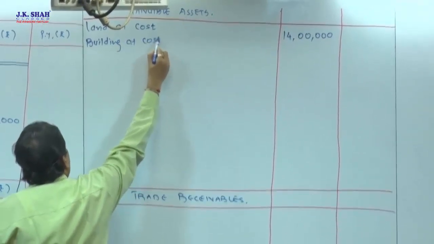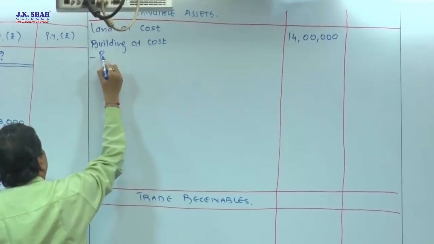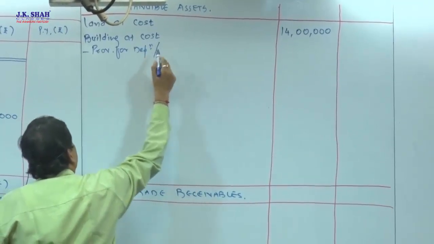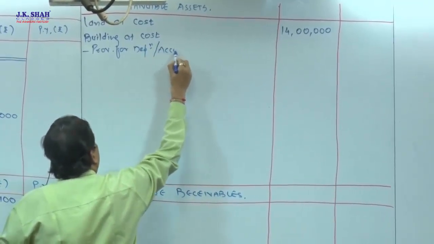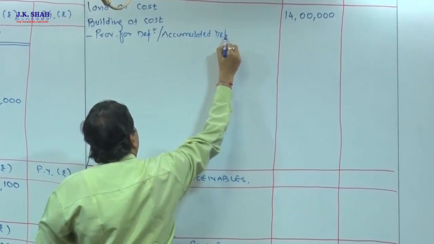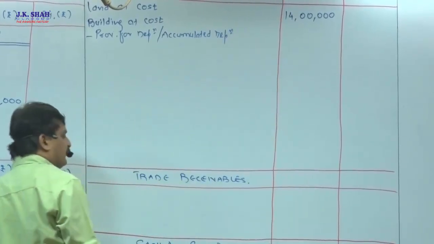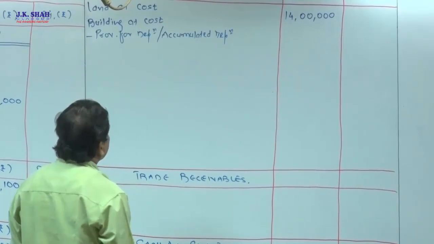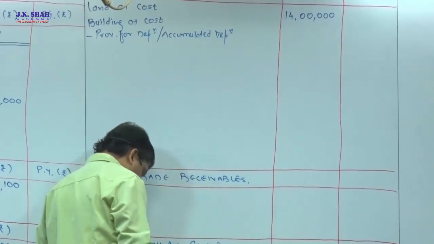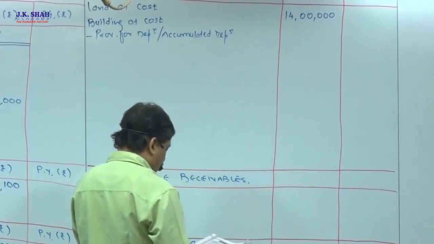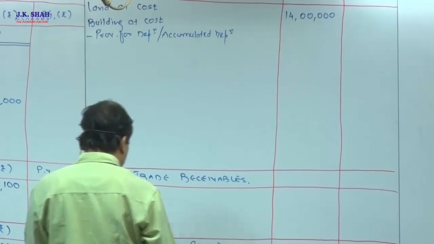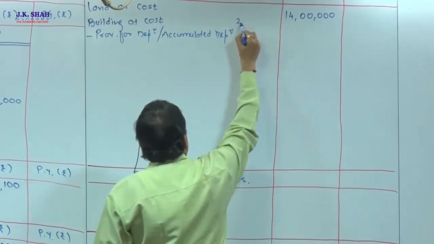At cost, minus provision for depreciation, or you can use the word accumulated depreciation. Look, additional information number 2: building is 28 lakhs in our column.